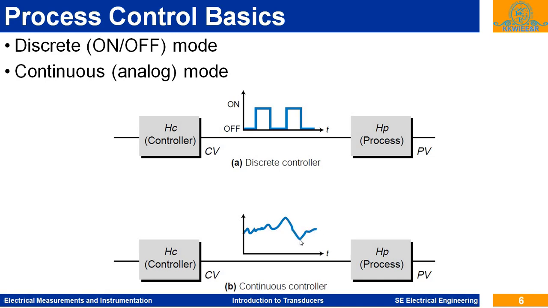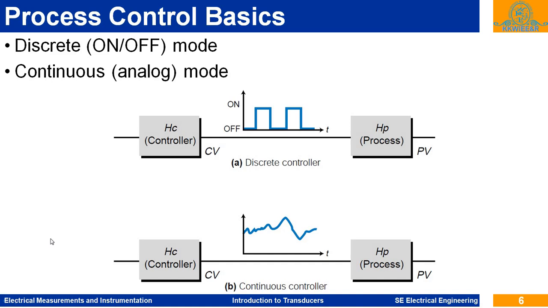At each instant, it will give different readings based on the parameter measured by the sensor or by the transducer. So with respect to time there are different variable points, or different readings. That is called continuous or analog mode.